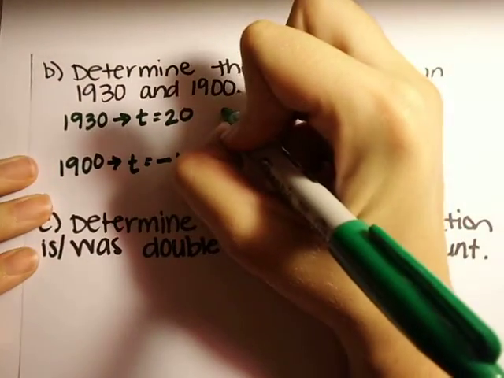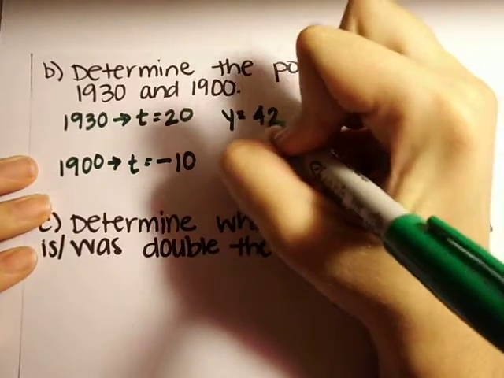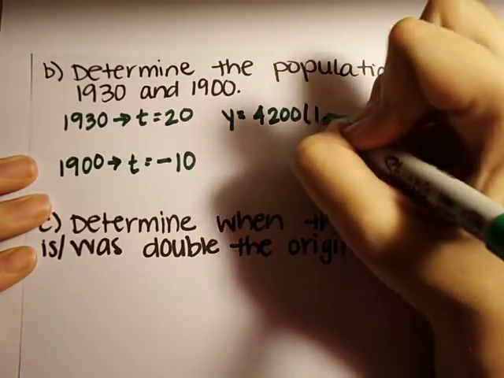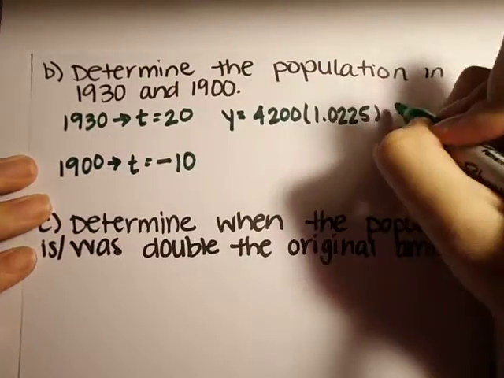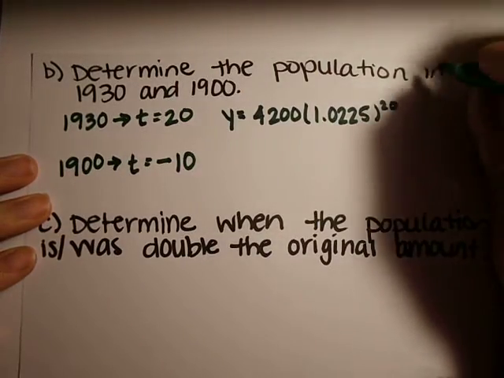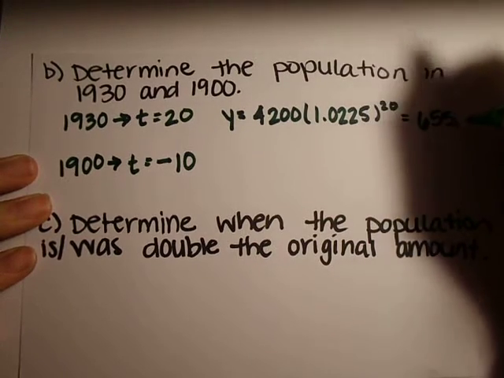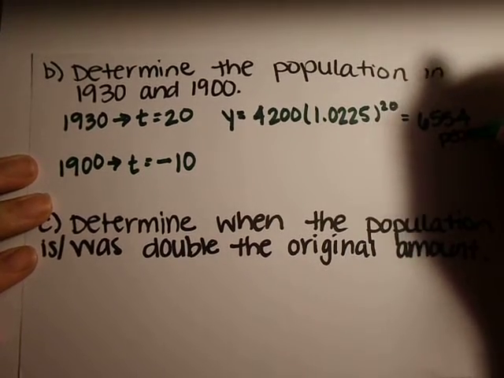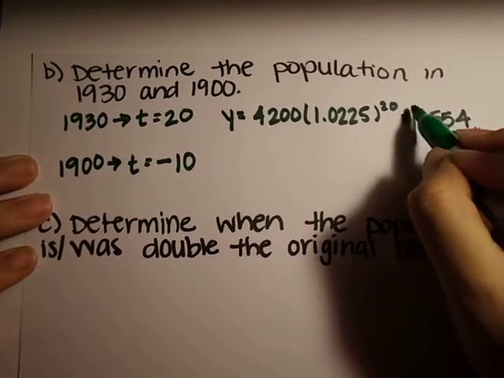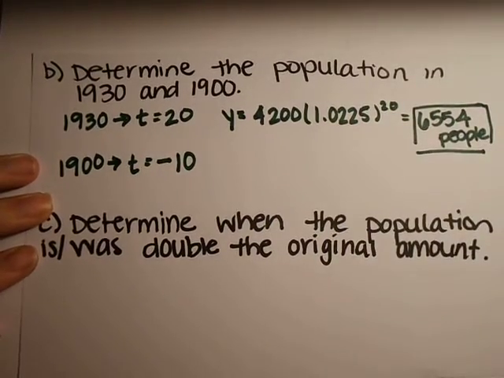So here, I'm going to have y equals 4,200 times 1.0225, and I want to know what happens after 20 years. You can plug this into your calculator and round it to the nearest whole person, and you'll get 6,554 people. So in 1930, there were 6,554 people in Glenbrook.